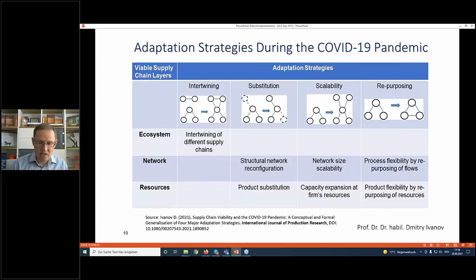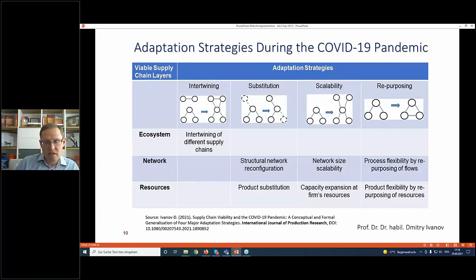The most prominent example of intertwining is when, in the wake of the pandemic, industrial supply chains started producing healthcare products, intertwining with commercial supply chains. So supply chains of 2 different ecosystems intertwined with each other.